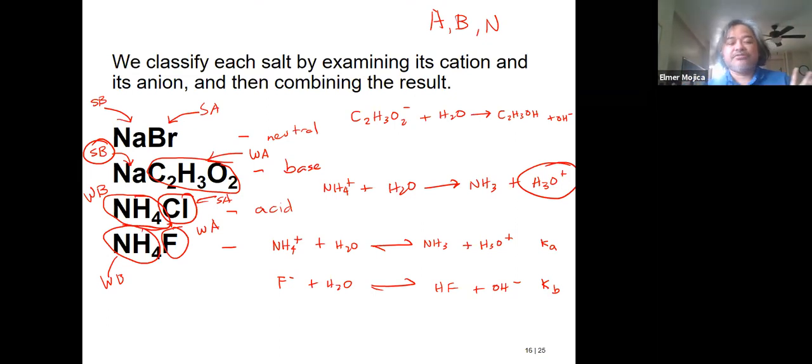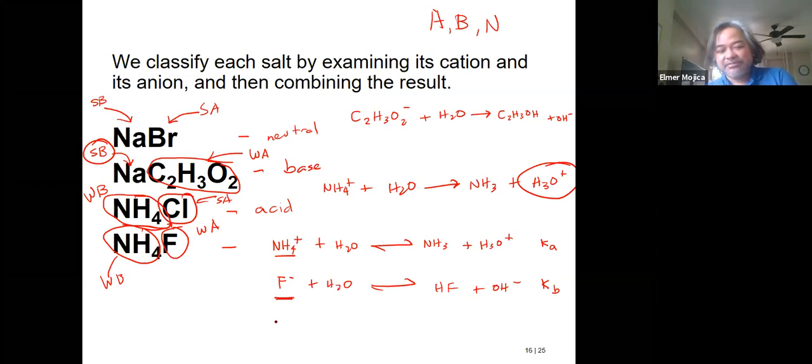Now the question, is the Ka of this known? Or is the Kb of this known? Yes or no? If the Ka of NH4 plus is given, or the Kb of F minus is given, because usually what is given?